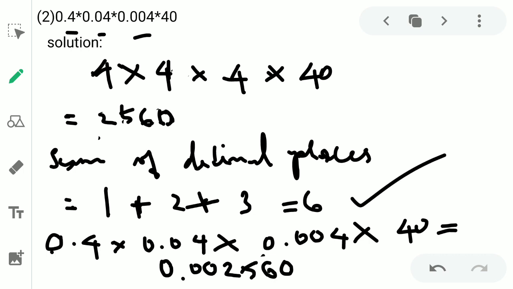First I multiply without decimals, and after that I multiply with decimals. Only the point differs, along with zeros. Without decimals you will get 2560, and with decimals you will get 0.002560.